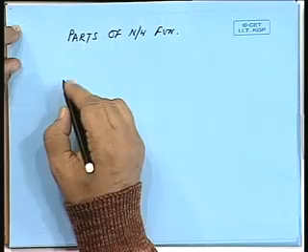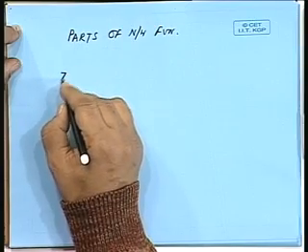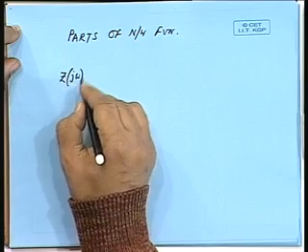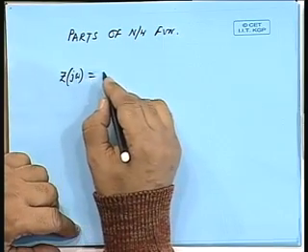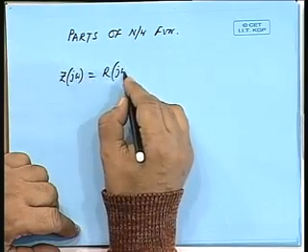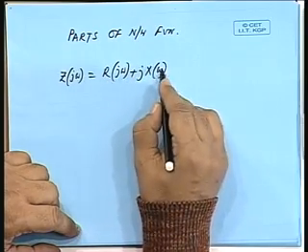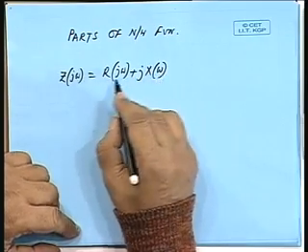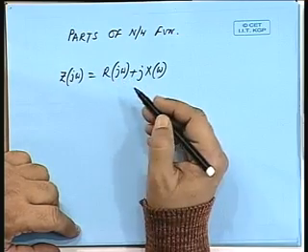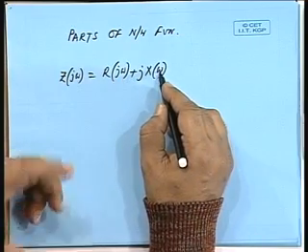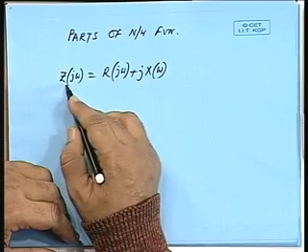Sometimes for this function we may be given just the real part or the imaginary part. The variation of this with respect to frequency is specified, or variation of this with respect to frequency is specified. Can you realize Z?